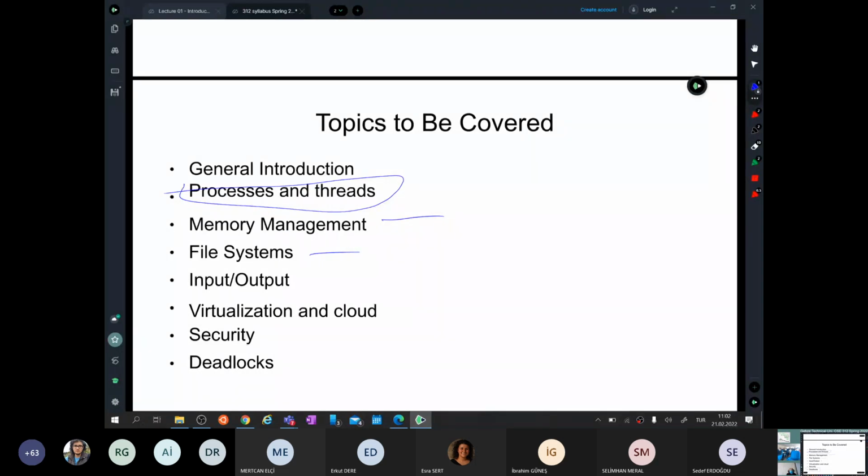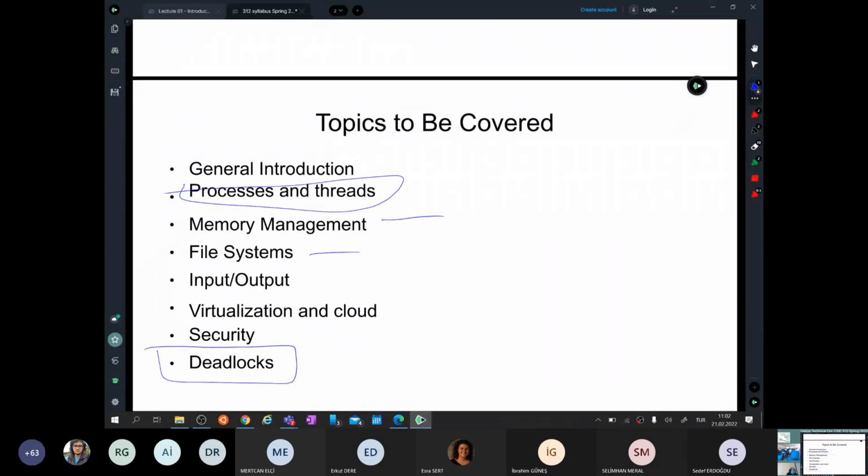Okay, deadlocks are a very classical discussion topic in operating systems. It is because there is lots of literature about deadlocks, but nobody uses any of these deadlock mechanisms in operating systems. Windows or Linux or any other popular operating system, they just ignore deadlocks. So why do we talk about deadlocks?